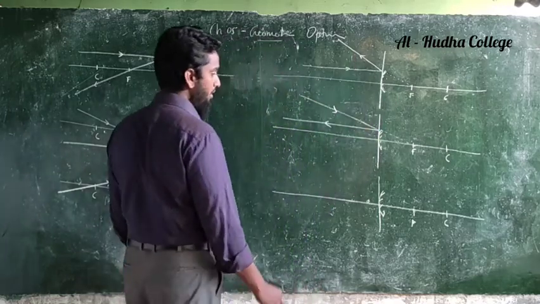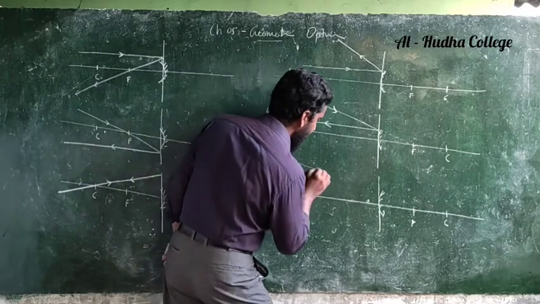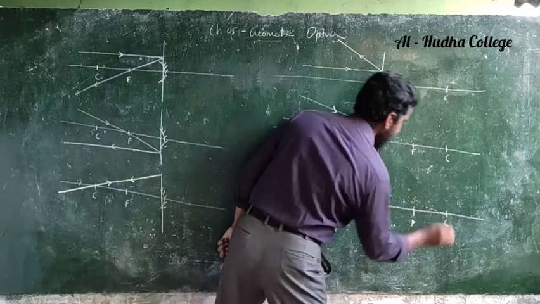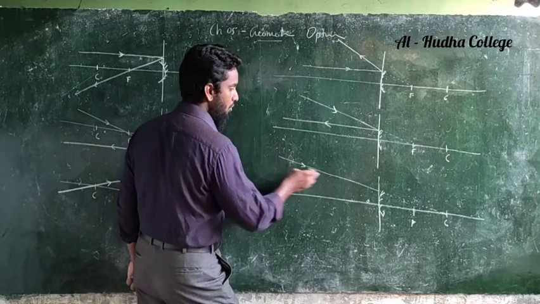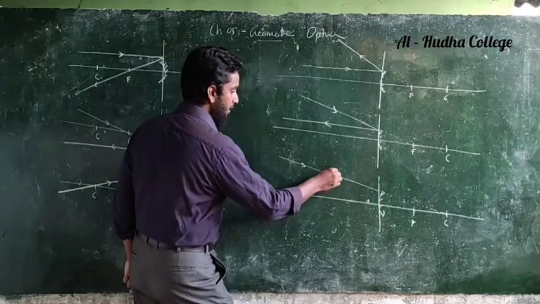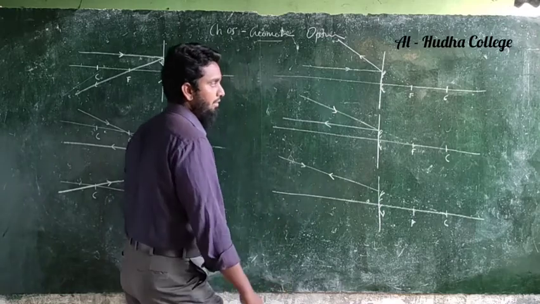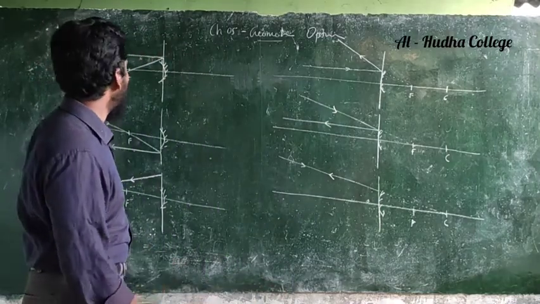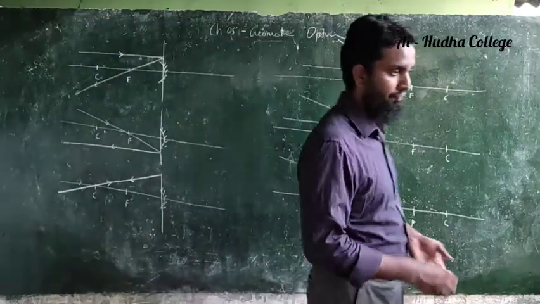The third one, the ray which is coming towards the center of curvature is going to reflect along the same line. These are the three basic ray diagrams that you should know.